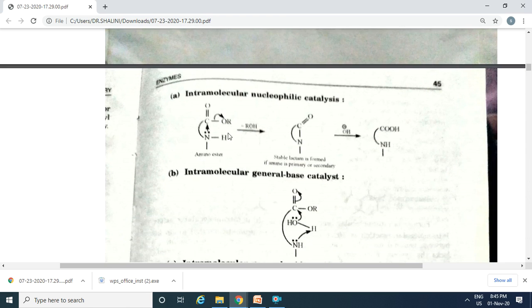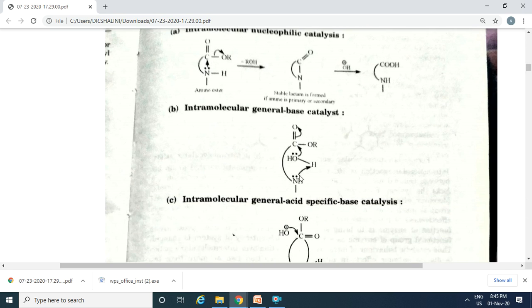Here, this is the amino ester, and this amino group attacks the ester and gives the reaction. Intramolecular general base catalysis is where the amino group attacks the proton of the water molecule, and this hydroxide ion will act as a catalyst and attack the ester group.